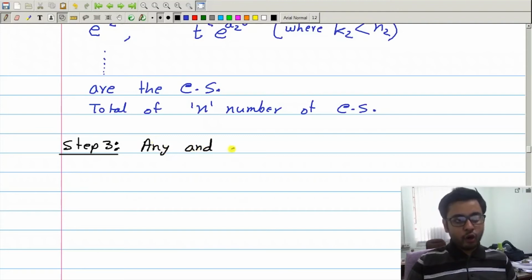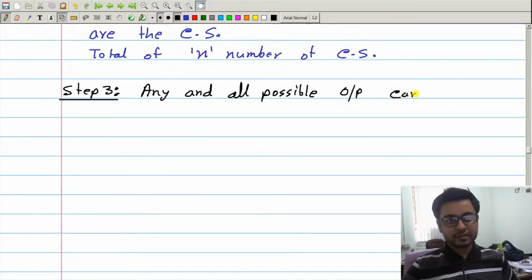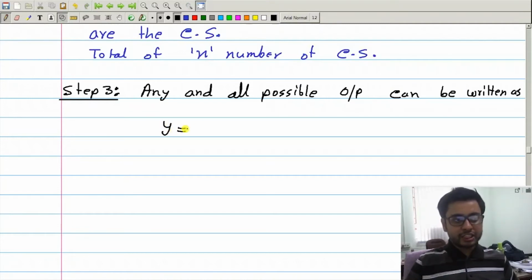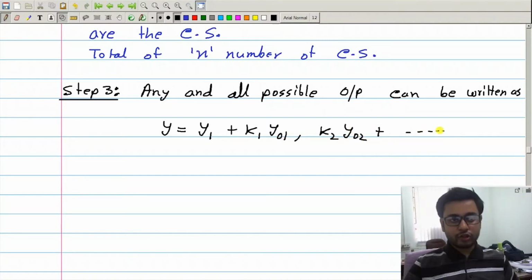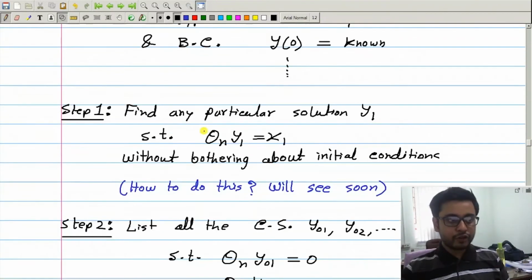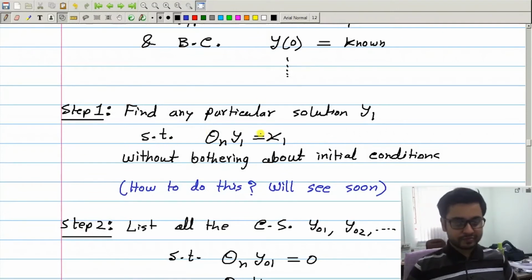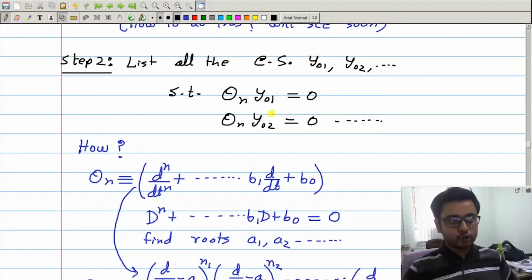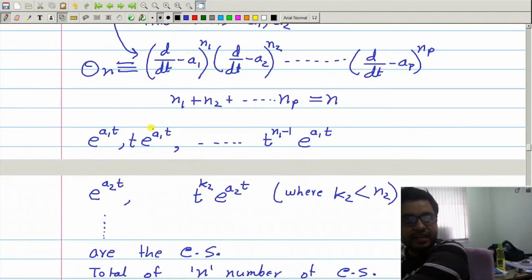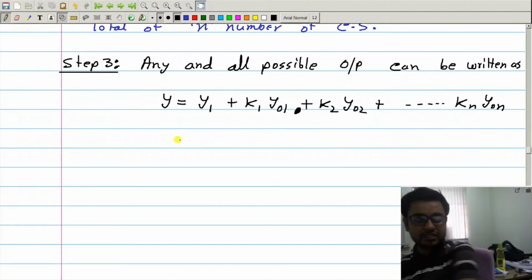any and all possible solutions, all possible outputs, can be written in a general form: y is equal to y1 plus k1 y01 plus k2 y02 plus dot dot dot, up to kn y0n, where y1 is any particular solution, any solution that you have found in step 1 somehow, and y01, y02 are these complementary solutions.